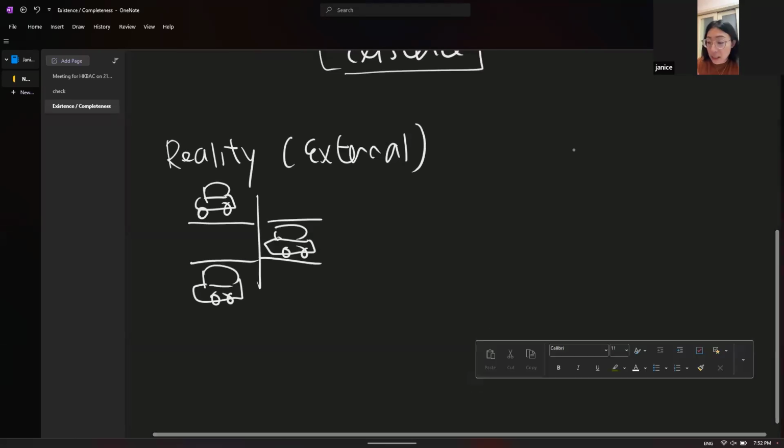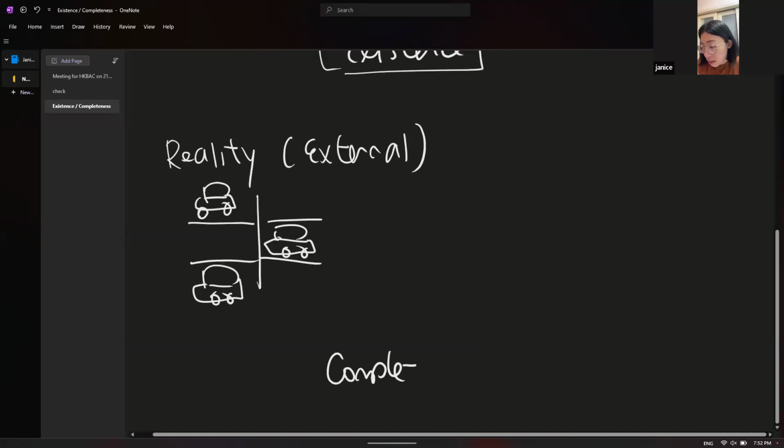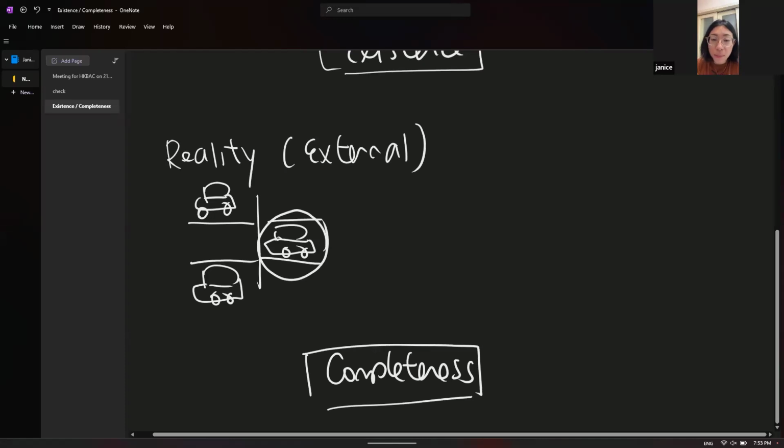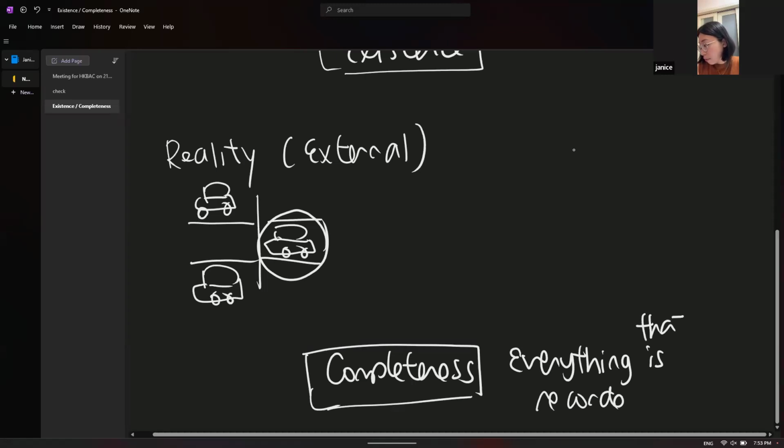I want to verify if the client has completely recorded their stuff. So I'm going to randomly pick this one from the parking lot of FAU. What I want is to verify that everything that should be recorded is recorded, right?